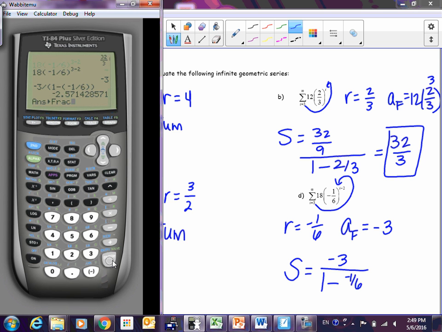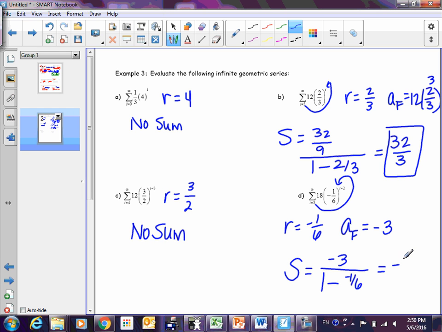It's okay to have a decimal answer as long as it's correct to 3 decimal places. A fraction answer is better because it's more accurate, since you did not have to round. So negative 18/7. And that's okay if your answer is negative. That's going to happen some of the time, especially if r is negative.